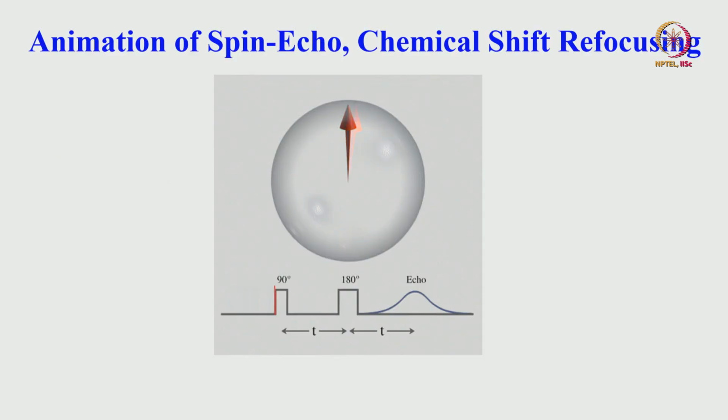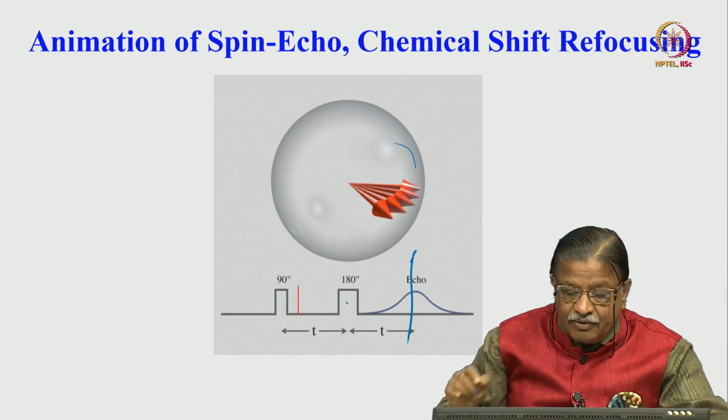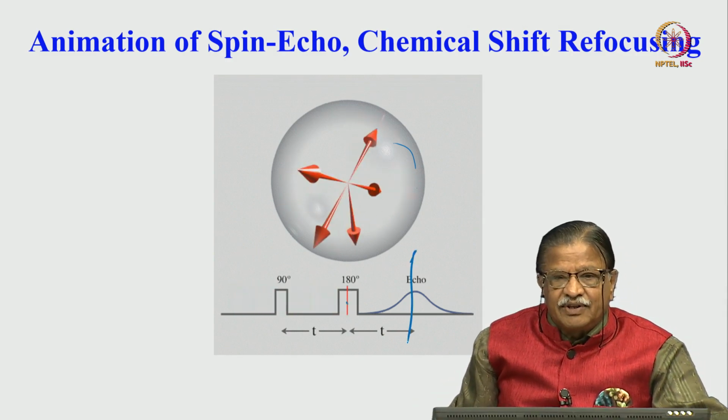Okay, this is a simple video which shows you how spin echo occurs. Look at it. It starts here. You apply 180, come here, apply a 90 pulse, bring all the spins here, they start fanning out, apply a 180 pulse, it is like turning the pancake. They are rotated like this and then go there, again fanning out, and this is where we get the echo. Carefully observe this. What is happening?